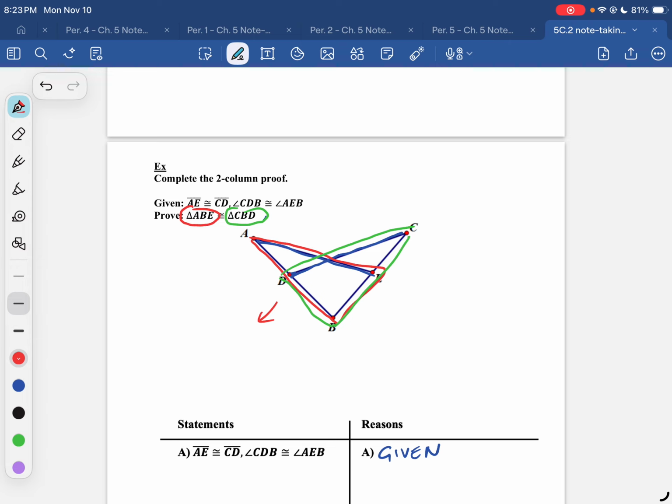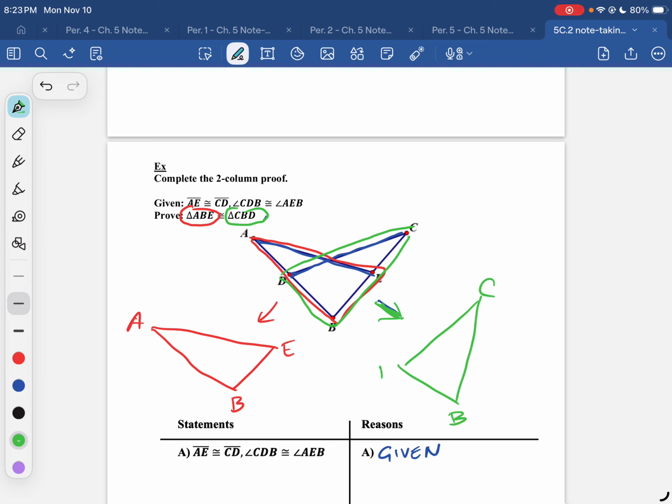The next thing I like to do is to draw the triangles separately. It makes it a lot easier to keep track of things and to put the given info into the picture. Okay, and then I'll draw this green triangle over here, and that would be C, D, and B at the corners.